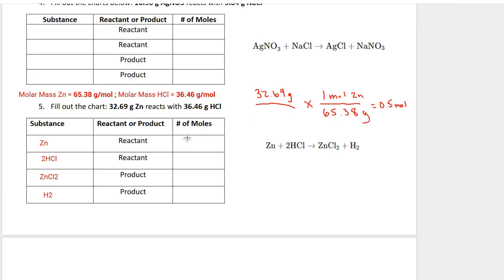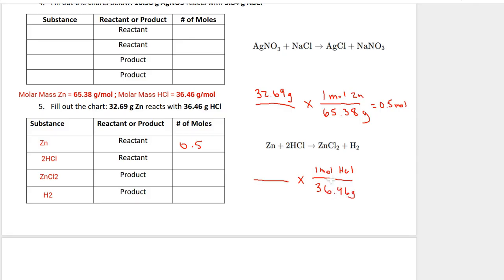All right, so here, how many moles do we have? We have 0.5. Basically, we have half of a mole. All right, so now we'll do hydrogen chloride. Same thing, line times line. How many moles do we have? So first up here is 1 mole of HCl. And you will not have a question like this on the quiz, so don't let this one freak you out. And 1 mole is 36.46 grams.